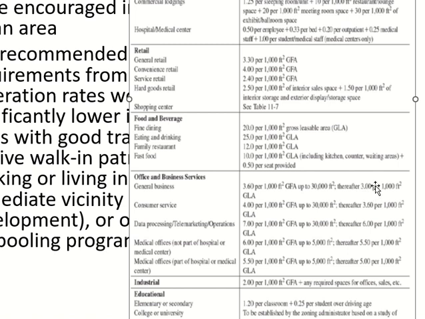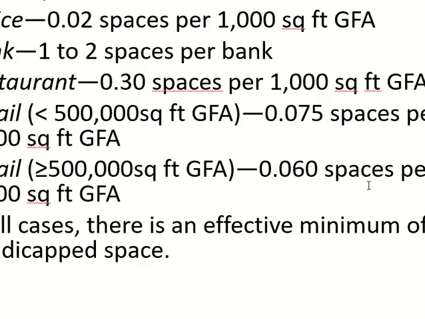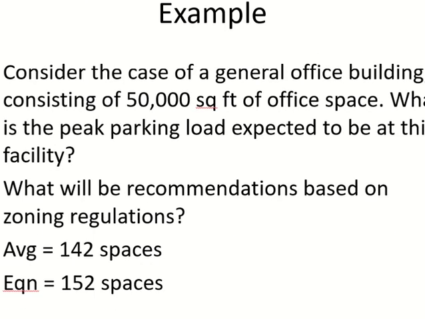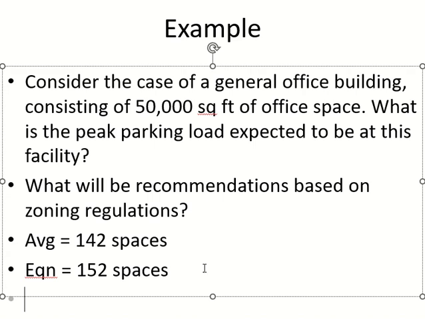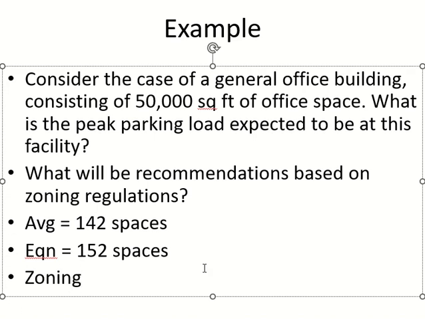If it is more than 30,000 square feet, then 3 per 1,000 square feet. So my area is 50,000 square feet, 3 per 1,000 square feet means 3 into 50. So that gives me 150 spaces.